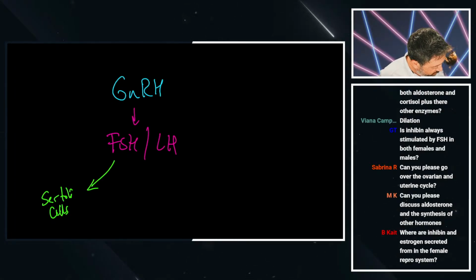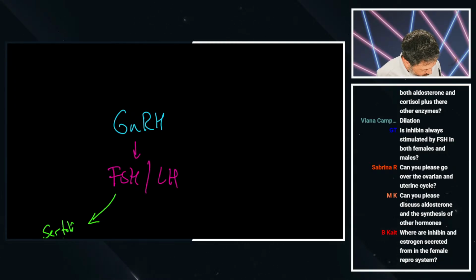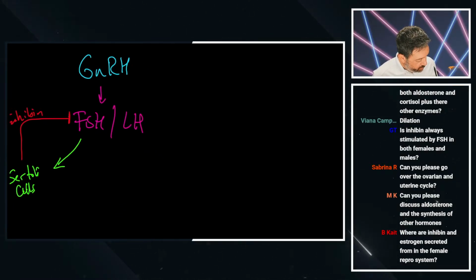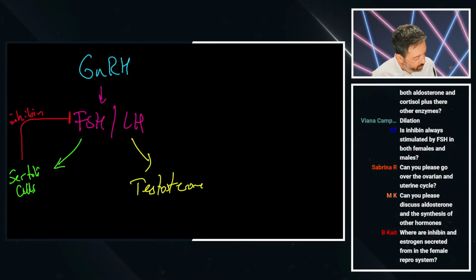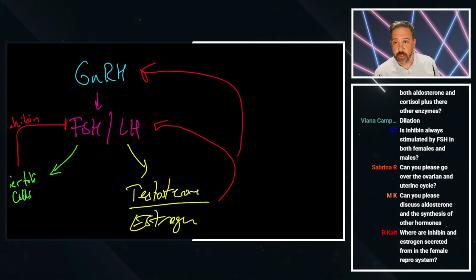But the inhibin that it produces only inhibits FSH. LH stimulates testosterone or estrogen, and they're going to have their negative feedbacks on LH and also GnRH as well.